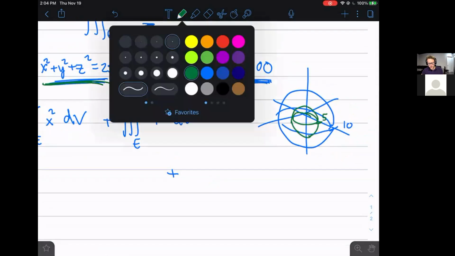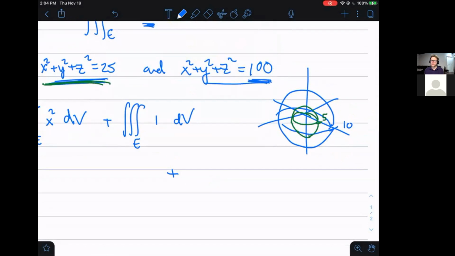Whenever you do the triple integral of 1, remember that's just volume. I think of this like a gumball, because gumballs aren't solid, they're hollow in the middle. There's some gum, but it's not solid all the way through. So to calculate this, the fast way, I would do 4/3 pi r cubed.